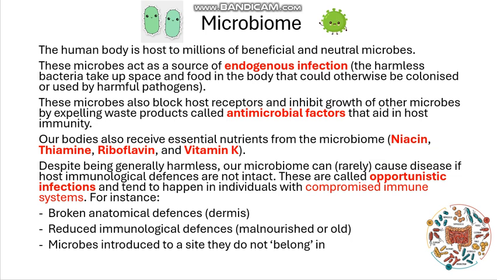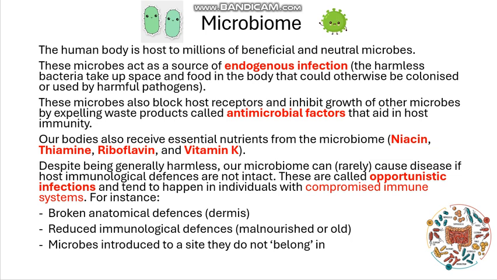These microbes of our microbiome also block host receptors, and they inhibit growth of the harmful pathogens by expelling waste products called antimicrobial factors that aid in host immunity. So that's pretty good.